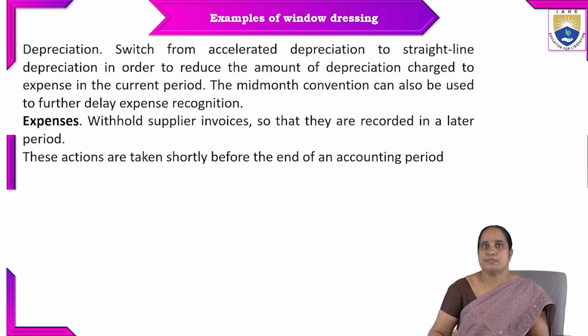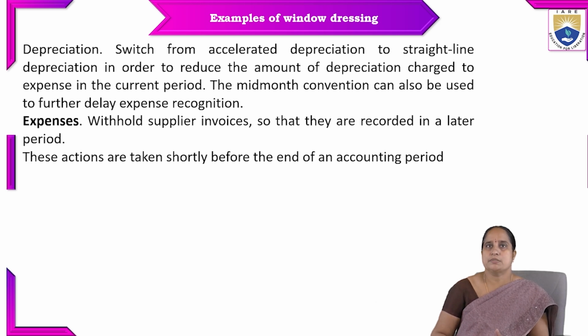Even if you take depreciation, switch from accelerated depreciation to straight line depreciation in order to reduce the amount of depreciation charged to expense in the current period. The mid-month convention can also be used to further delay expense recognition.